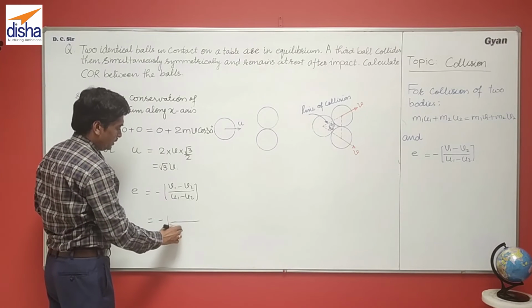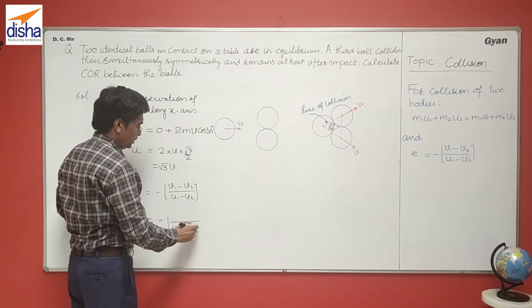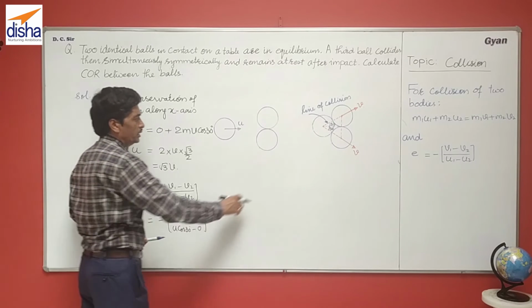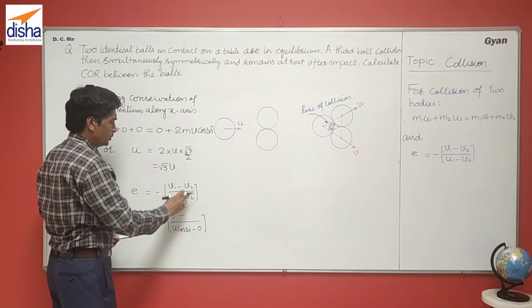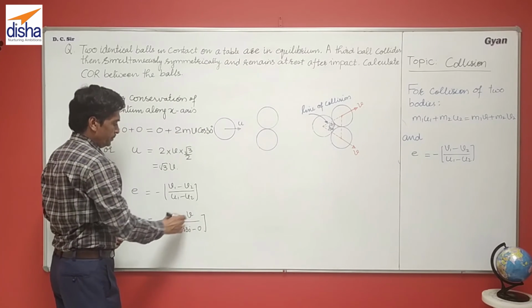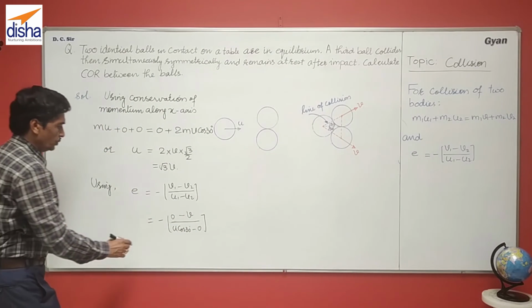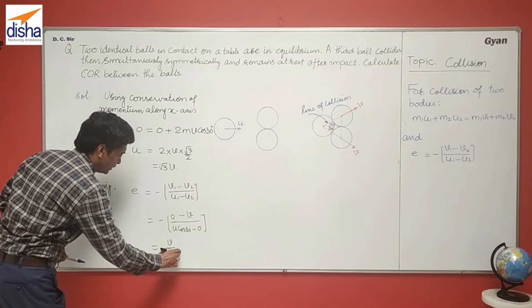The second one is initially at rest, so it is 0, and after collision the first stops, so v1 is 0, and minus v2, that velocity in the same line of collision, is v. So it will be v upon u cos 30.